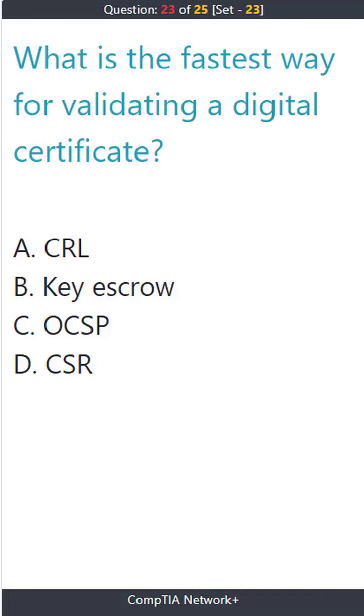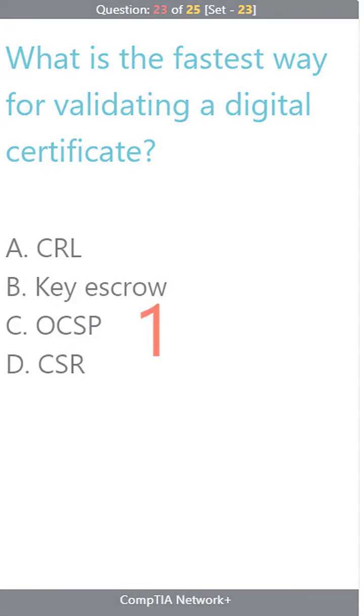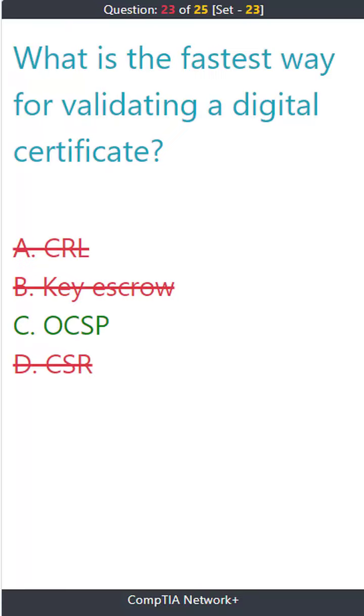Question 23. What is the fastest way for validating a digital certificate? A. CRL. B. Key escrow. C. OCSP. D. CSR. The correct answer is C. OCSP.